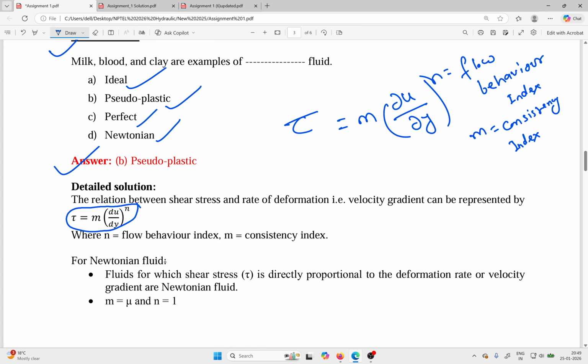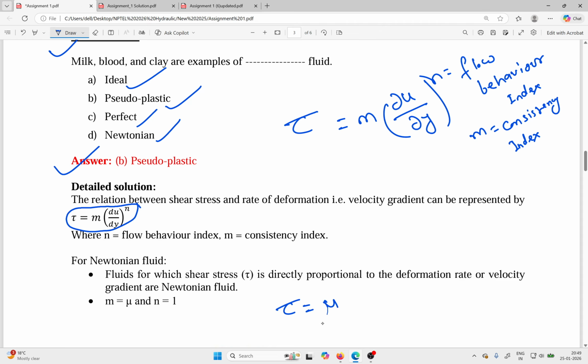And for Newtonian fluid, the fluid for which shear stress tau is directly proportional to deformation rate or velocity gradient are Newtonian fluids. M is equal to mu here for Newtonian fluid.